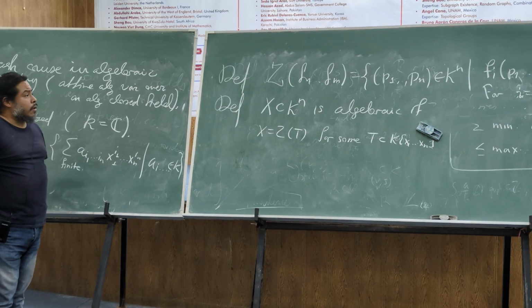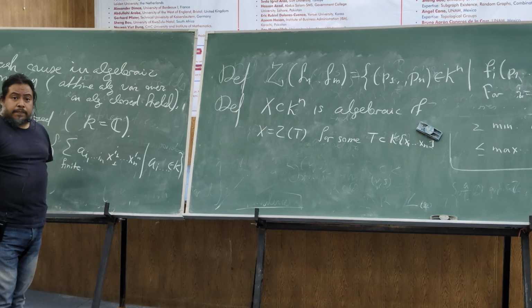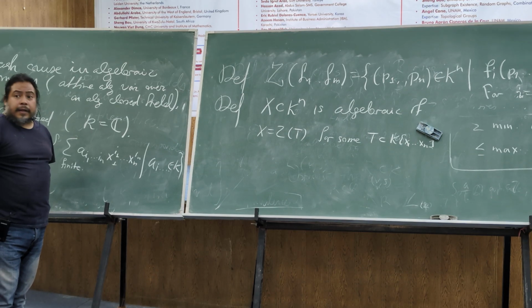Now, you can use algebraic subsets of K^n to define a topology, which is called the Zariski topology.